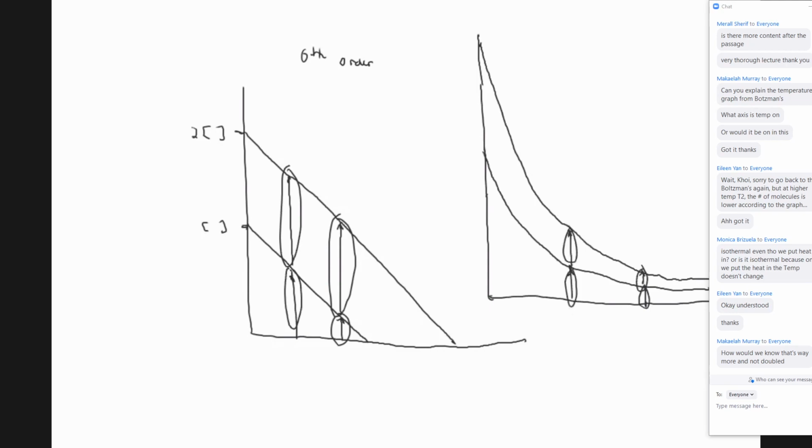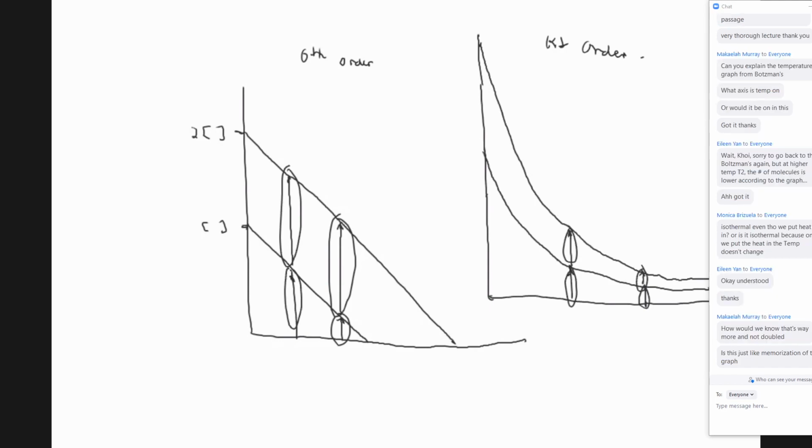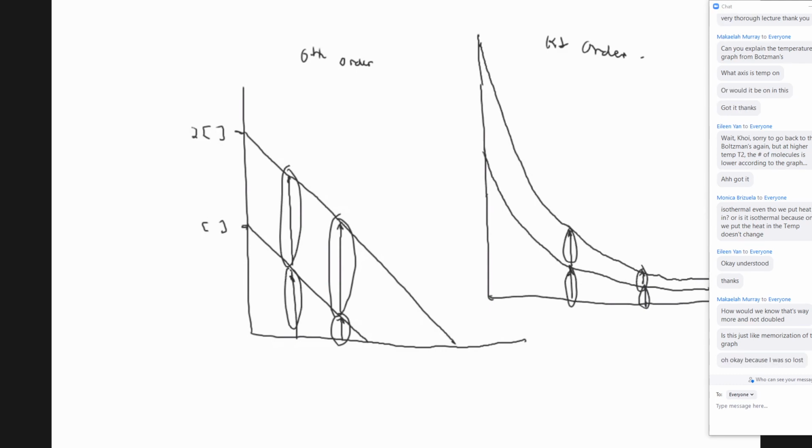So the concentrations always remain double at any given point. Okay. Does that make sense, Michaela? Yeah, it's just understanding what those graphs look like and how much curvature there is to the graph. Yeah.